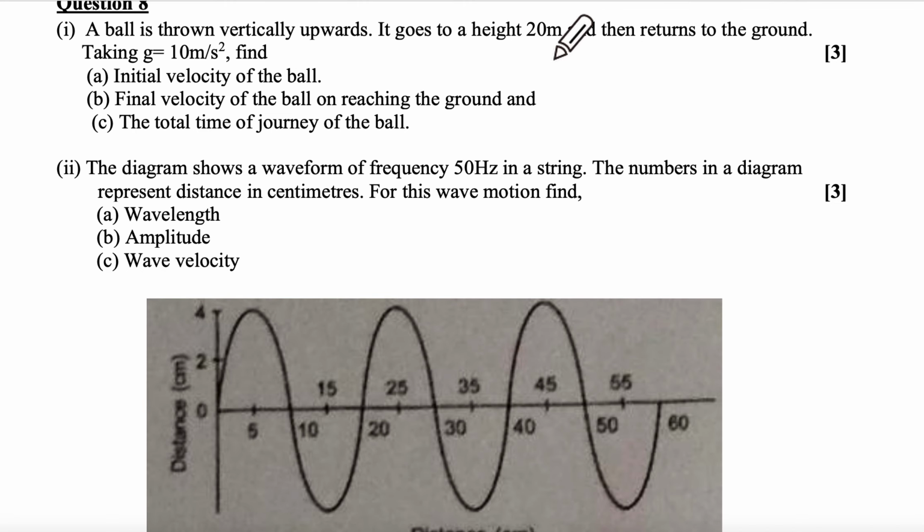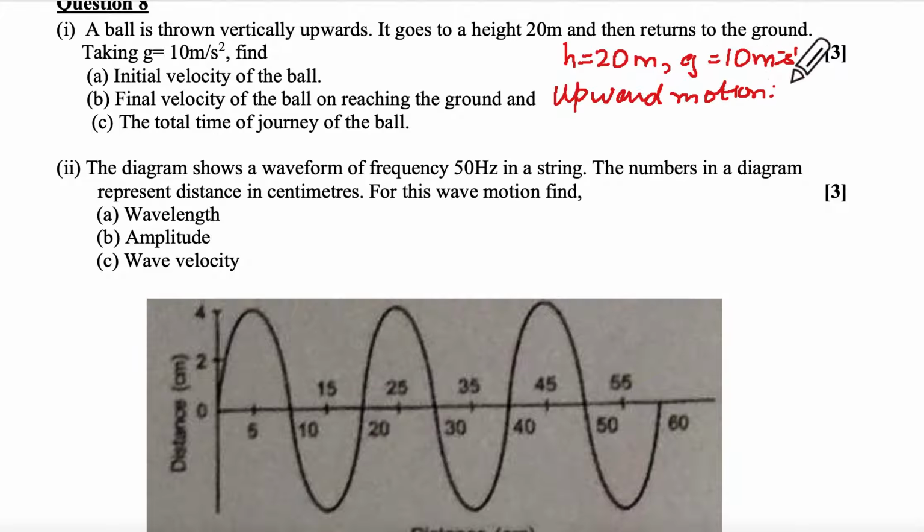It is thrown vertically upwards, so it goes up to a height of 20 meter, then returns to the ground. g is given as 10 meter per second squared. And then for the upward motion, remember v will be equal to 0. Understanding? Okay, it is moving upwards. Find the initial velocity. So what will you say?